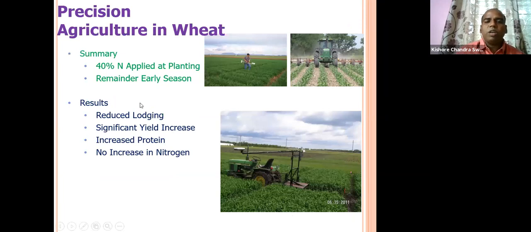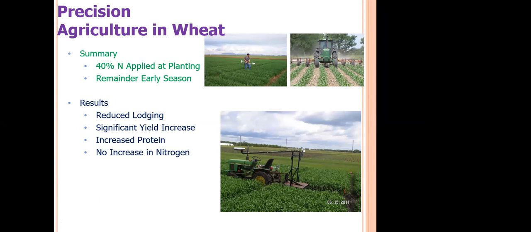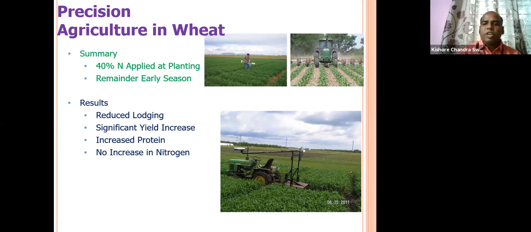Using precision agriculture in wheat, we can save nearly 40% of nitrogen. If you apply more nitrogen, sometimes the yield may increase, but very little. The yield will reach maximum yield. After getting maximum yield, if you apply more fertilizer, we just waste the fertilizer, and there will be no change in the crop yield.